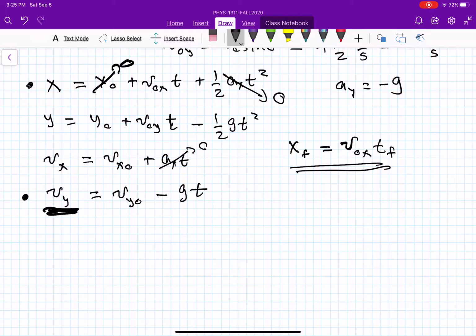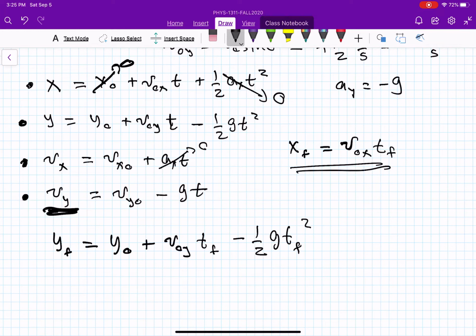Okay, this formula doesn't even have a t in it anymore, so it's certainly not useful for calculating tf. The only one I could possibly use is this one, the y equation. So let's write that down. I have y final equals y0 plus v0y times t final minus 1/2 g t final squared.